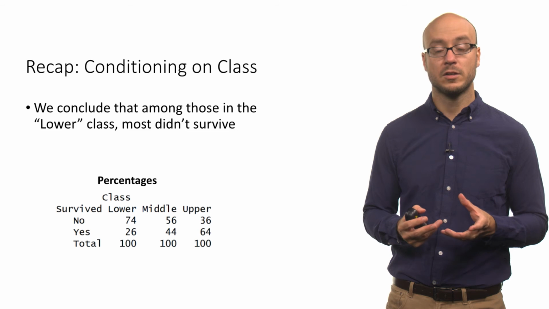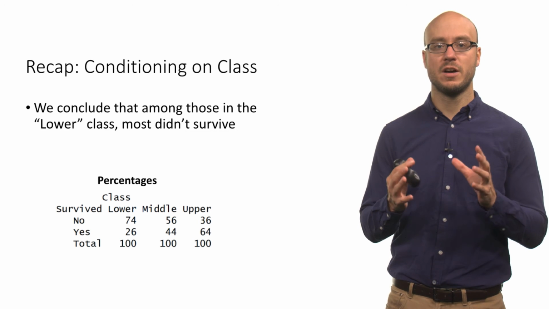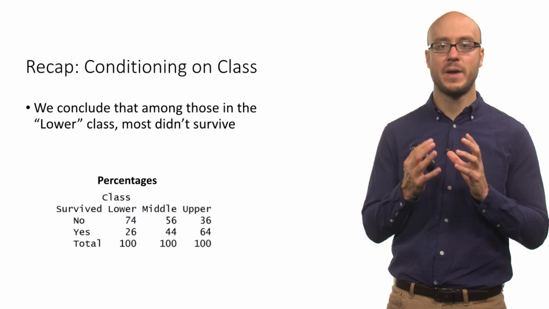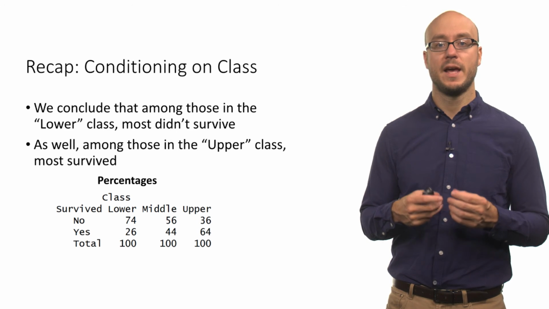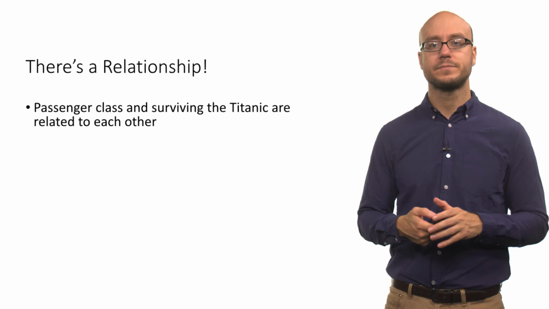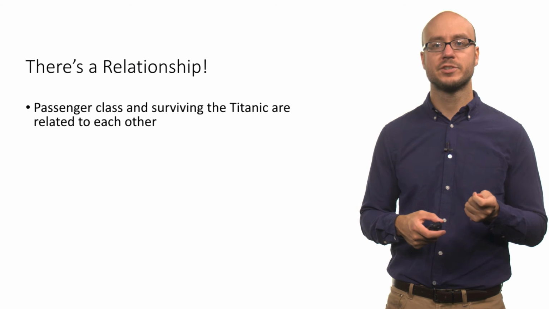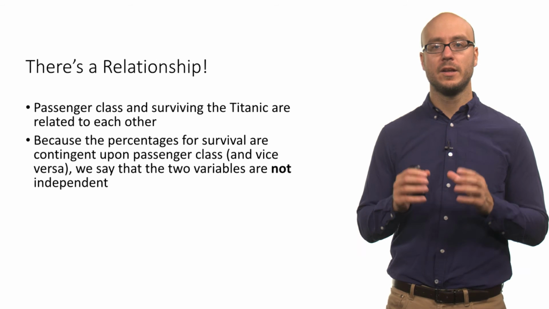Among those in the lower class, most people did not survive, and among those in the upper class, most survived. Both of these conditioning approaches suggest a relationship. We can say that passenger class and surviving the Titanic are related to each other.